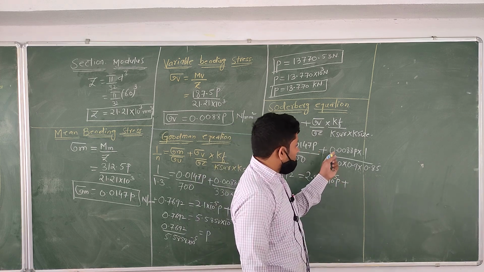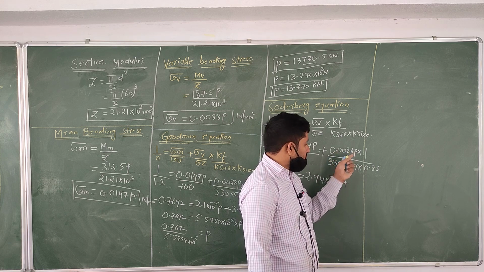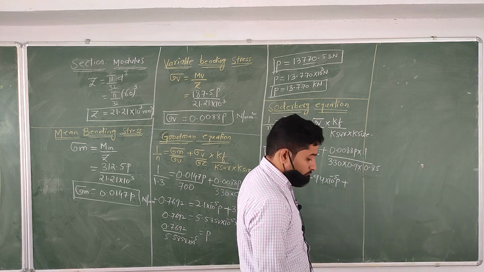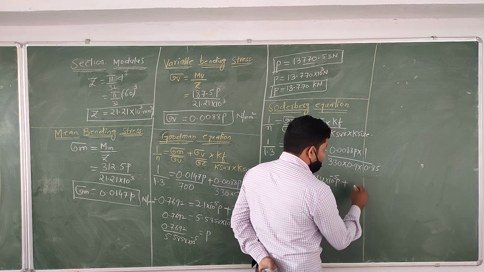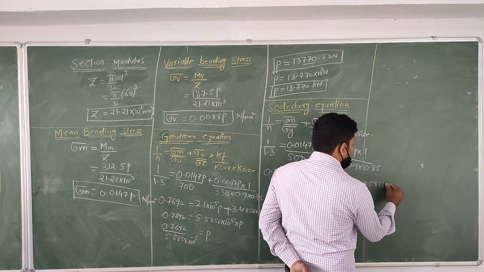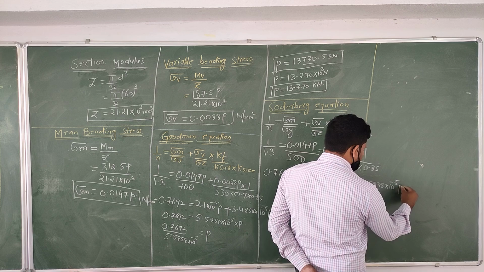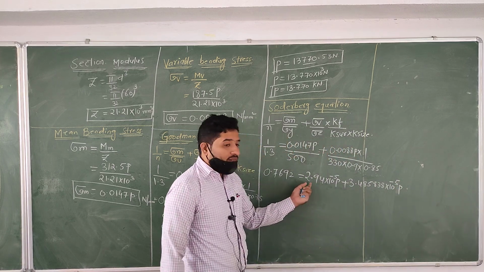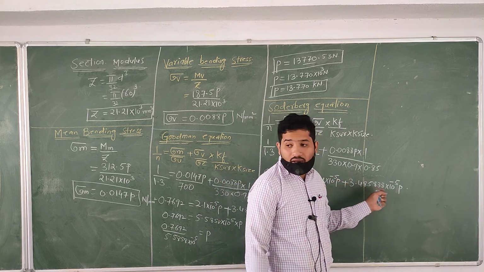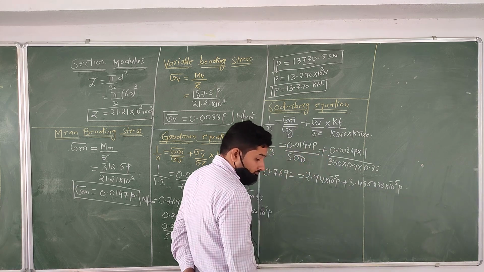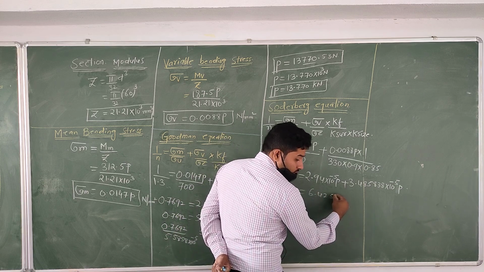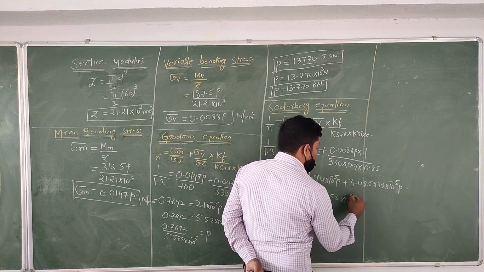Plus, again if you divide 0.0088 divided by 330 into 0.9 into 0.85, if you divide this term, then you will get the value 3.485838 into 10 power of minus 5 P. So if you add the value 2.94 into 10 power of minus 5 plus 3.485838, then you will get the value of 6.4258 into 10 power of minus 5 P.